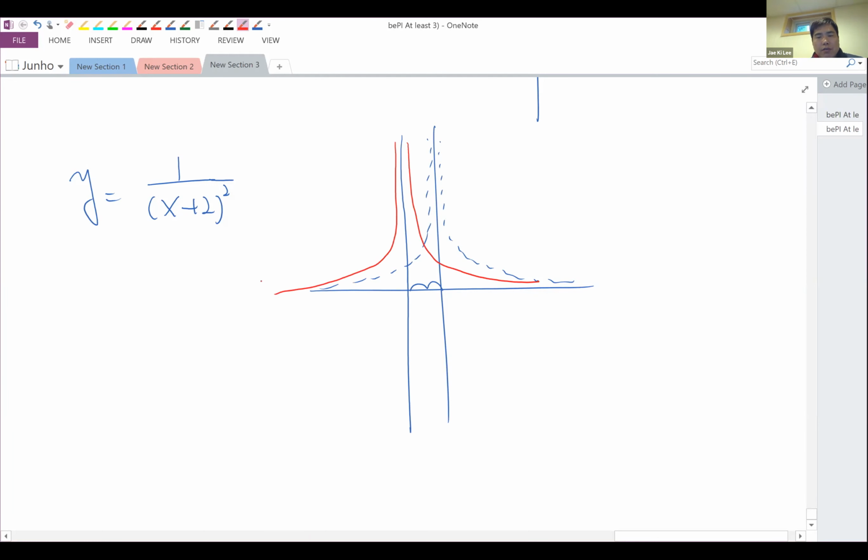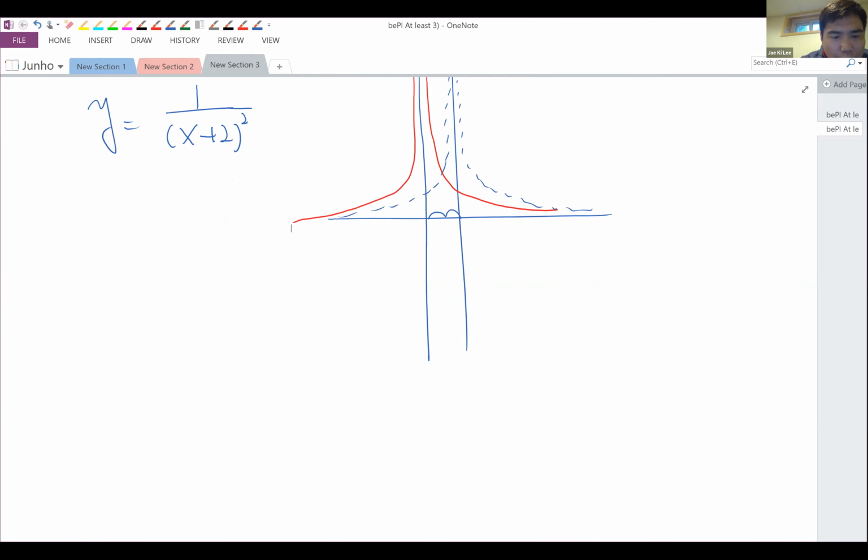Now, can you guess y equal to 1 over x cubed plus 1? It's the other shape, but it's closer in to 0, and it starts at -1.